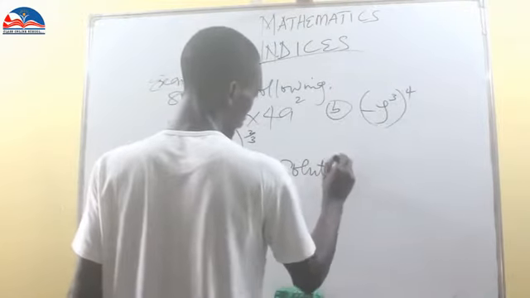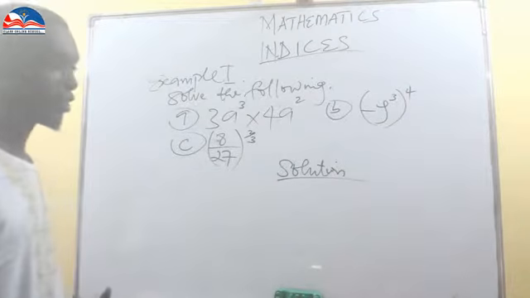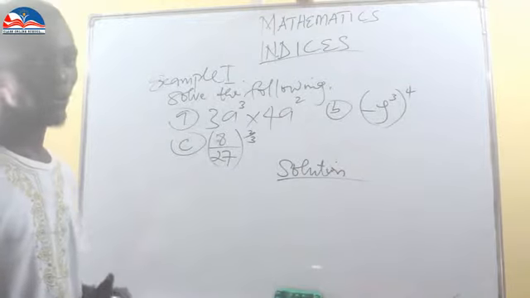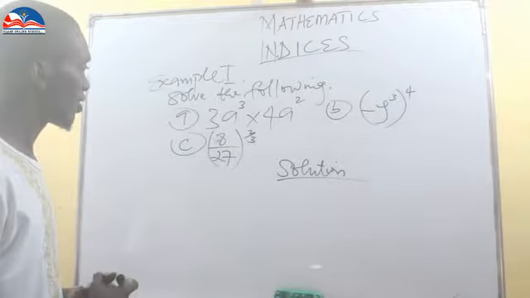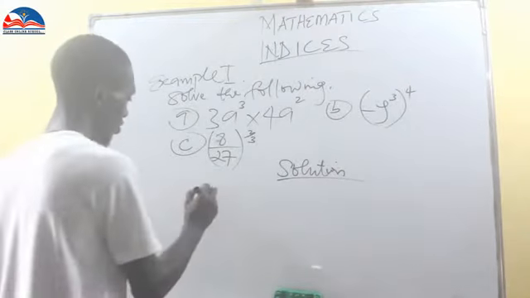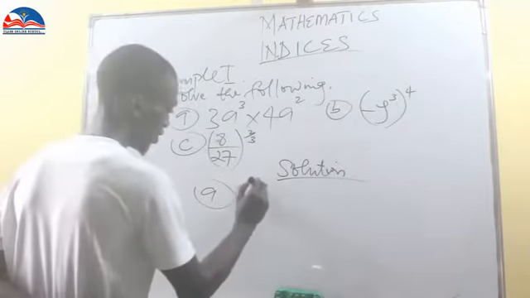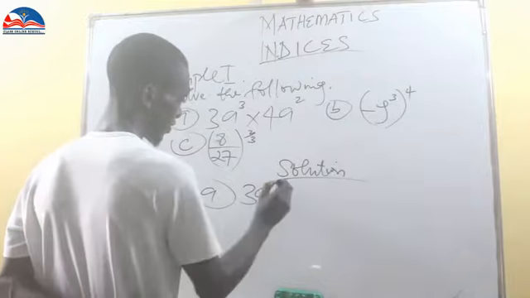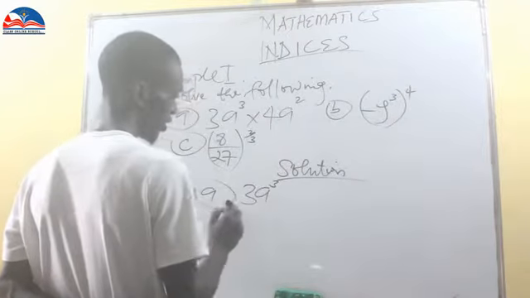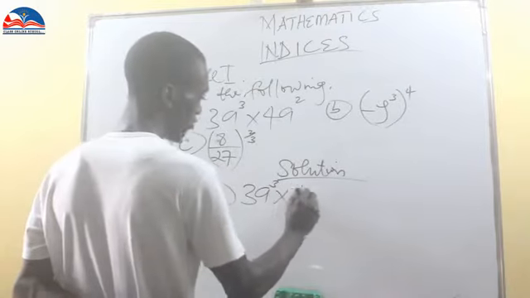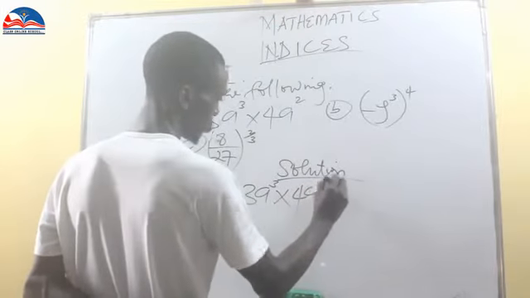Solution. Okay, we have to solve this problem. These problems are all problems of indices. Now, solution A: we have 3a index 3 multiplied by 4a index 2.